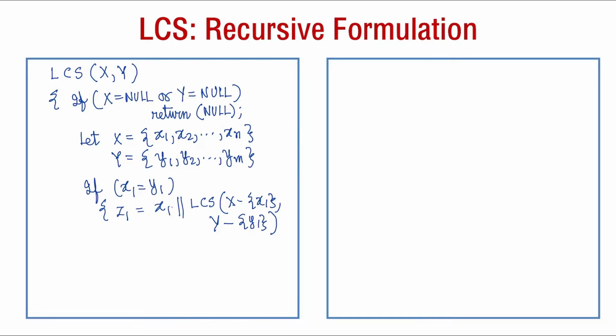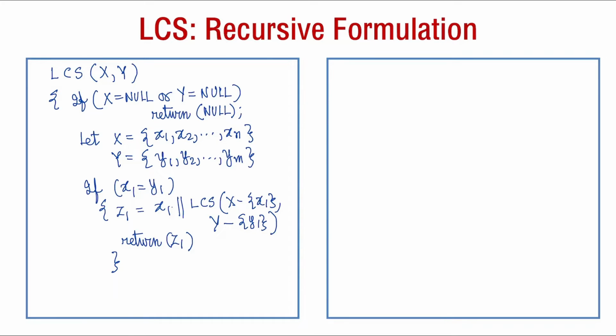Because if the first strings match, then if that is part of the longest subsequence, then obviously we just have to do that. However, and we return Z1.